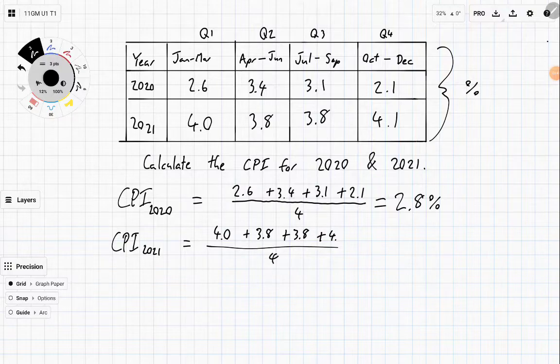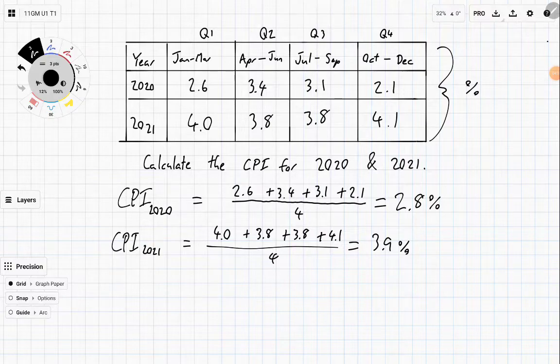This is going to be equal to 15.7 over 4, which is 3.925. As you can see, I've rounded to 1 decimal place above, so I'm going to round to 1 decimal place as well. Since the next digit was a 2, I'm going to round down to 3.9%. So those are the CPIs for 2020 and 2021.